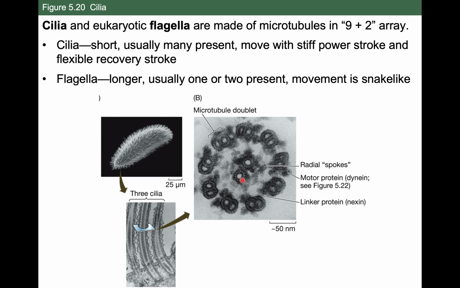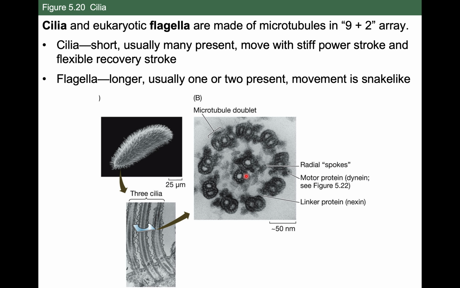So now you're looking down through the hole in the middle of the microtubule here. And you get this arrangement, what's called the 9+2 array of microtubules. So you get 9 pairs or doublets around the outside, and then a central pair in the middle. So 9 pairs and then 2 in the middle here. And again, you find that in basically every cilia and flagella.